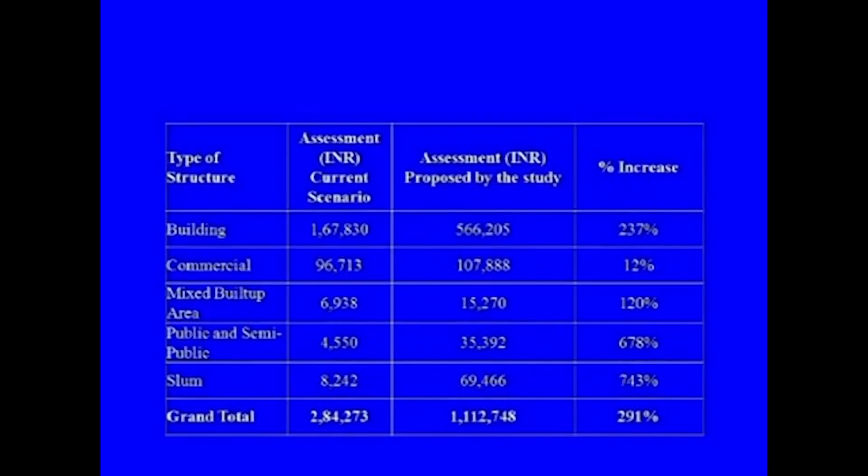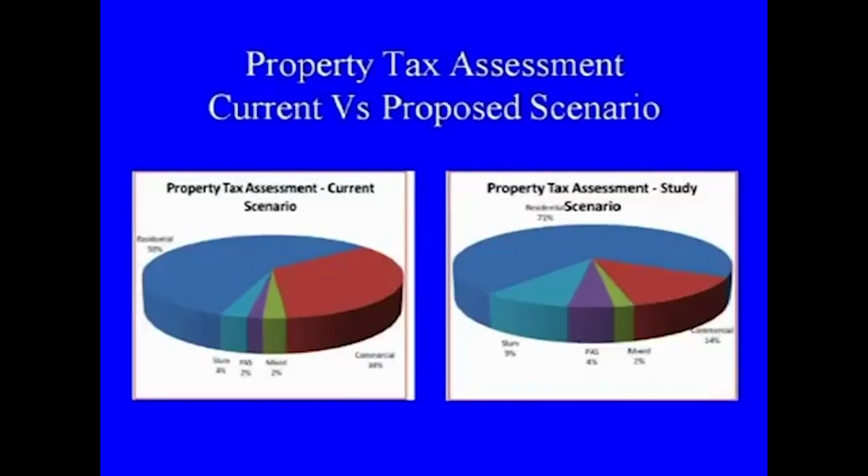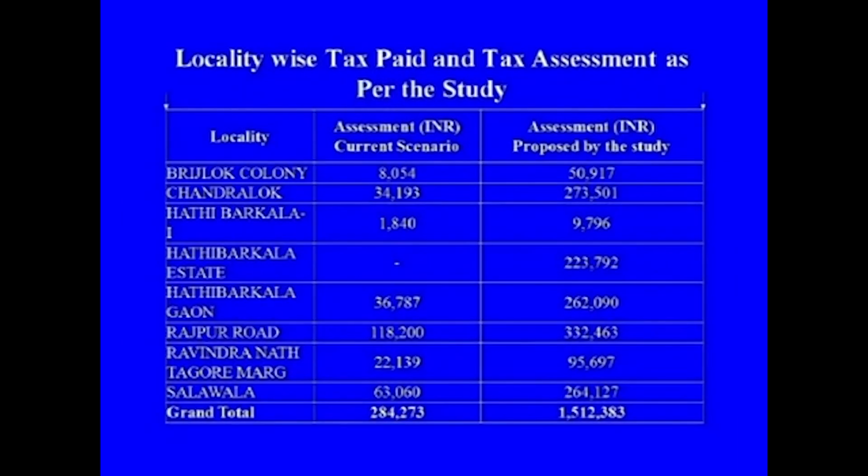Similarly, when this is reviewed against the study that has been performed, it is found that against 284,000 rupees, the actual assessment of the tax is nearly 1.1 million rupees, which means a substantial rise of the order of 300% in terms of revenue generation for the municipality. So, this shows the breakup of the current tax and the proposed scenario which is there.